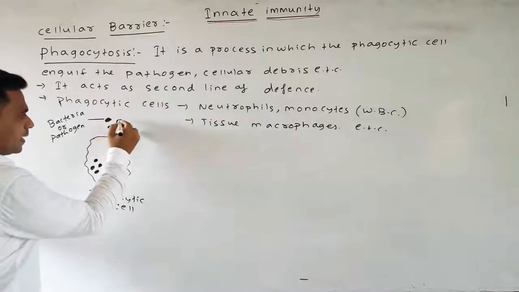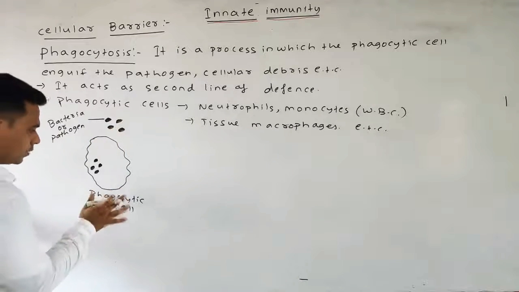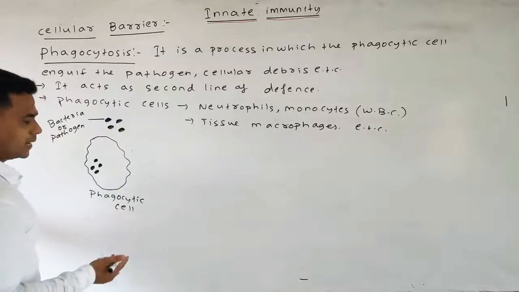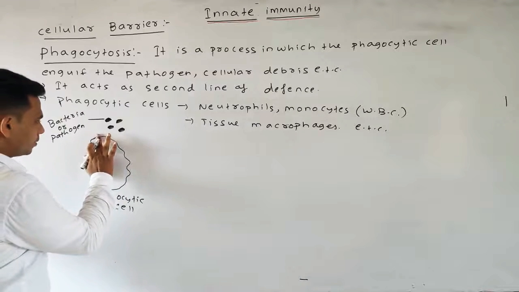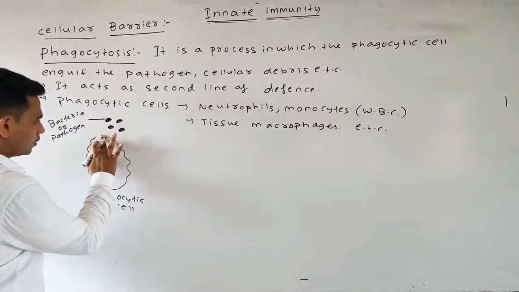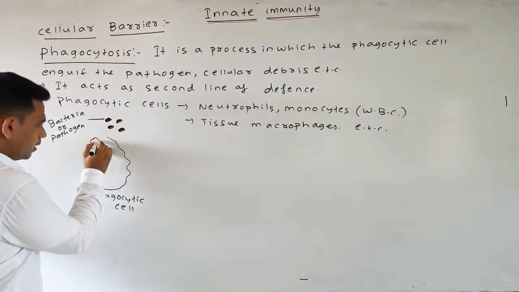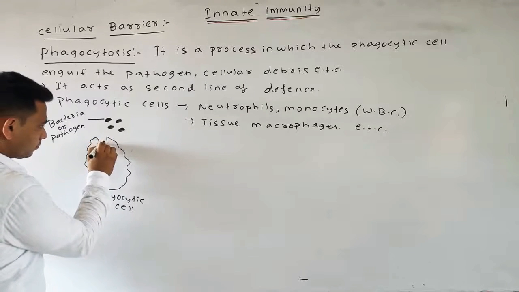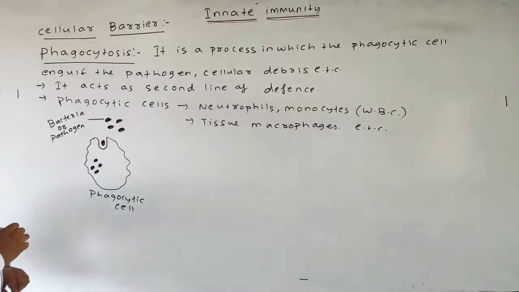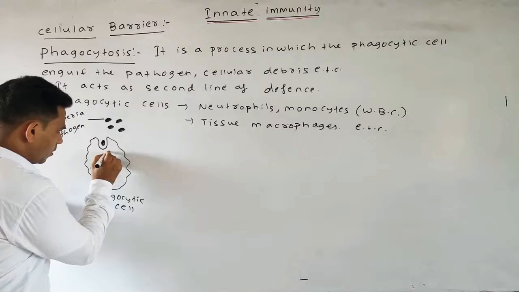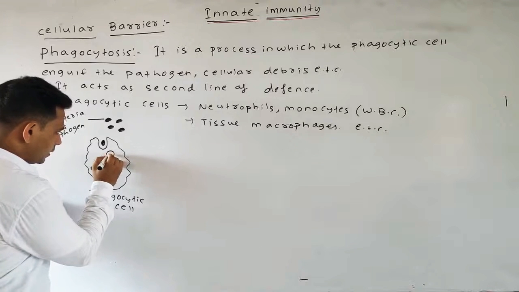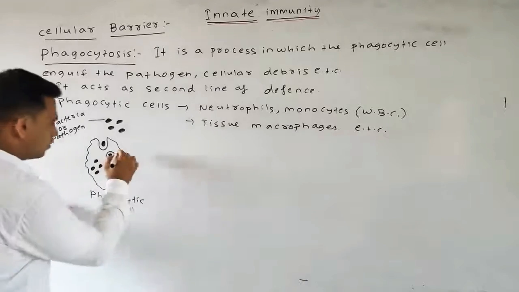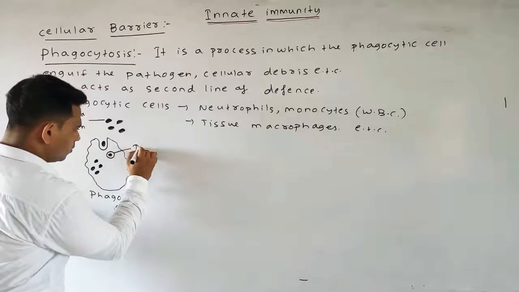Suppose the bacteria enters into our body, by which the phagocytic cell gets activated. Firstly it will engulf the bacteria, by which the intracellular vesicle or phagosome is formed.